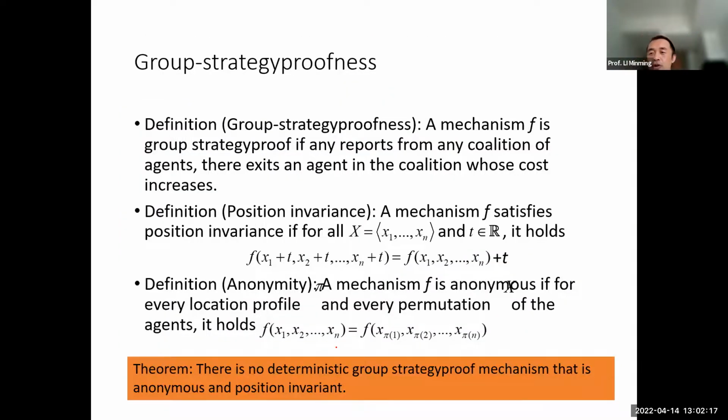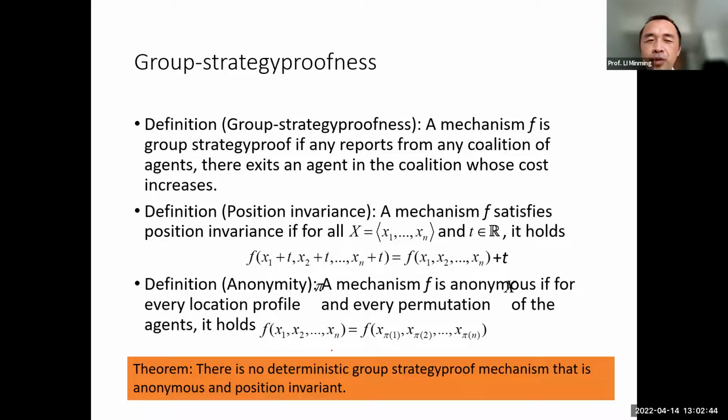And here, I'm going to introduce some more useful concepts. Earlier, we mentioned strategy proof, which means a single agent will not cheat on his location, right? And then actually, we can also have something called group strategy proof, which means if a group of people misreport together, then at least one agent's cost will increase.